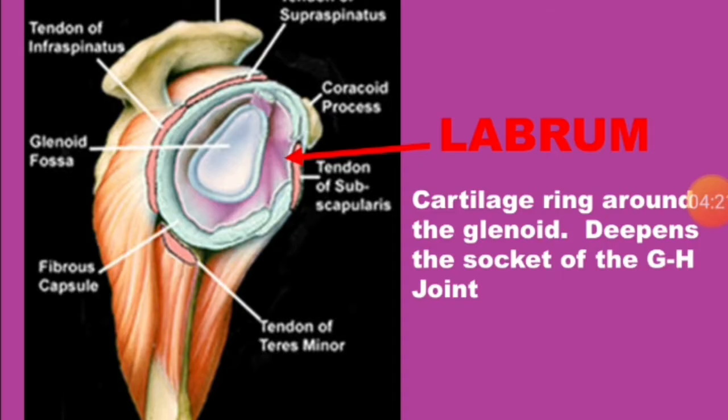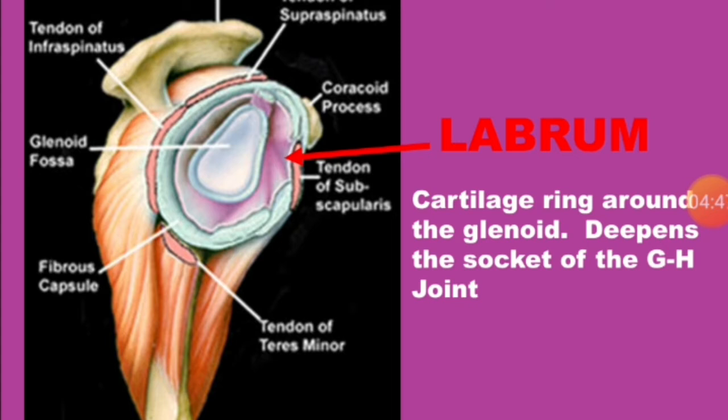Now something about the static stabilizer of the shoulder joint. One of the main static stabilizers of the shoulder joint is the labrum, which is a cartilage ring around the glenoid which deepens the socket of the glenohumeral joint. And the dynamic stabilizers can also be seen here, which are like a cuff.